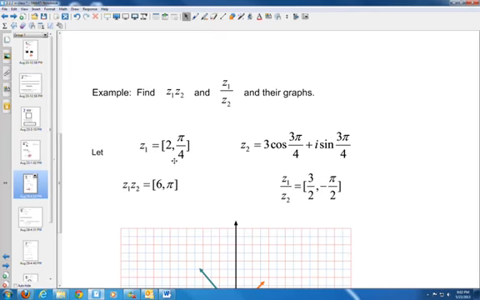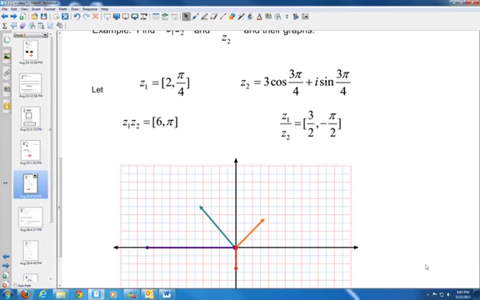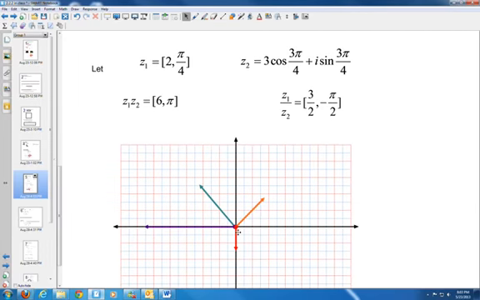Here's a quick example with a geometrical representation as well. Here we have z1 equaling 2 comma pi over 4. Here we have z2 in polar form. Of course, in polar coordinates, this should be a 3 as well right here. This is simply 3 comma 3 pi over 4. So z1 times z2 is 6 comma pi, and z1 over z2 is 3 halves comma negative pi over 2. So in orange I have z1.